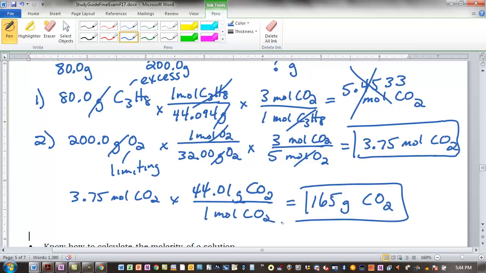So we don't have 1 mole of CO2. 1 mole of CO2 would weigh 44 grams. We actually have 3.75 moles, so the mass is obviously going to be larger than that. Those coefficients, the only place you're going to use them in the calculation is at the mole ratio: 3 moles of CO2 to 5 moles of O2, or 3 moles of CO2 to 1 mole of propane. Okay?